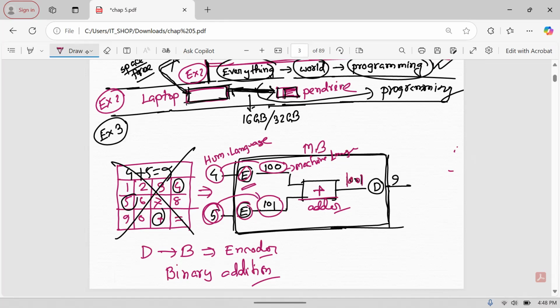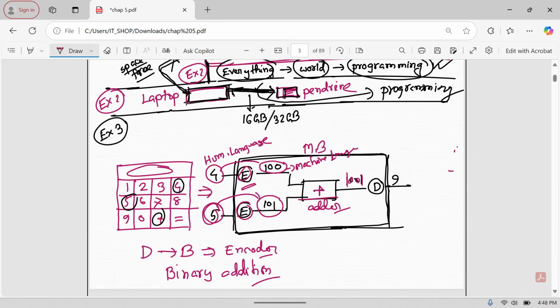I'm not showing this result in my display box. This is my display box. I will not show this result in this box. I will show the result as 9. That means I need another device to convert this machine language to human language, that is, binary to decimal.